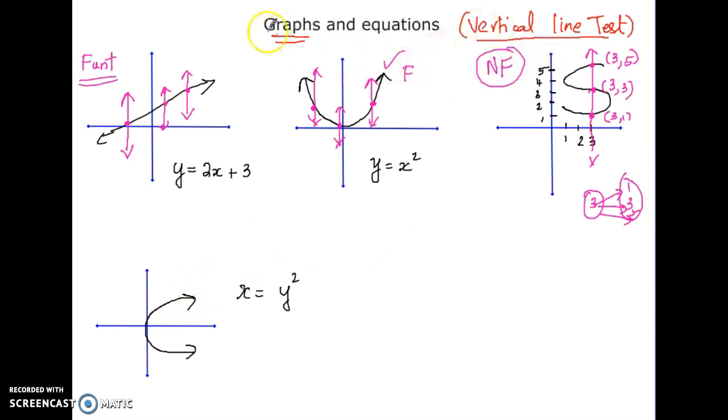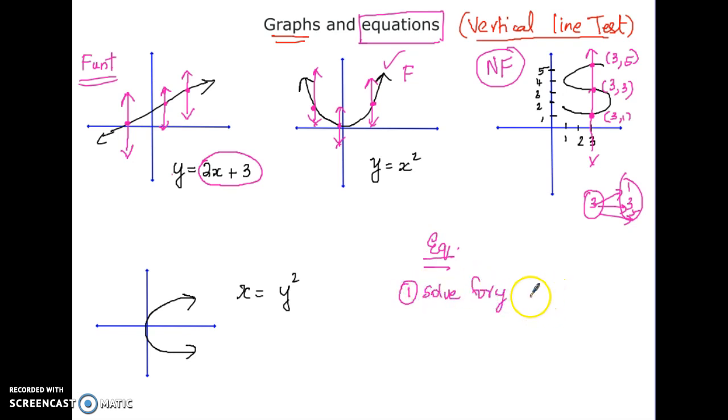Now, how do we know if we are given an equation whether it's a function or not? The equation has to be solved for y, and there should be a single expression, like y equals 2x plus 3. So for every x you will only have one y in this case. So if you're given an equation, the first step is to solve for y.